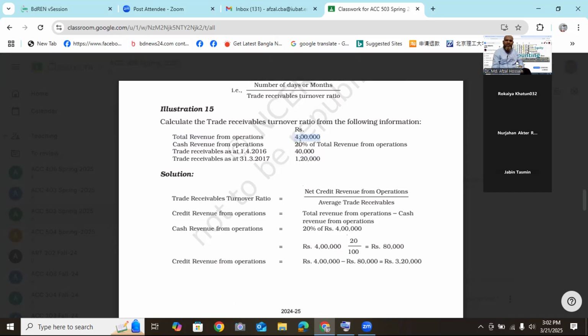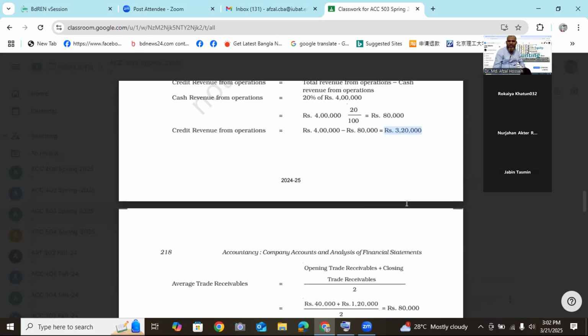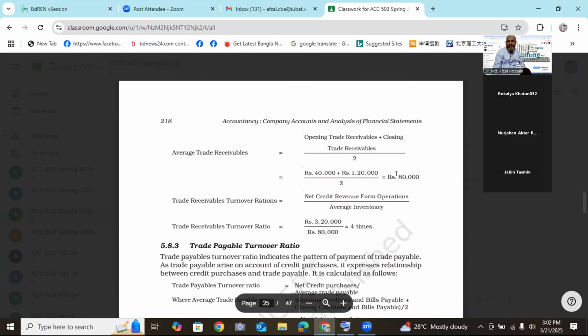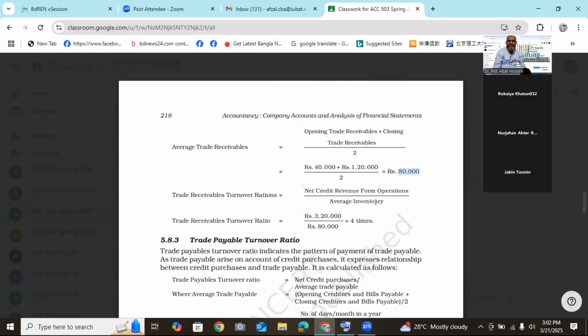Yes, sir. 80% is the net credit revenue. 4 lakh minus 80,000 is 3 lakh 20,000, your credit revenue, the credit sales. Average trade receivables: if you average 40,000 and 1 lakh 20,000, divided by 2, you get the average. So this is 80,000.